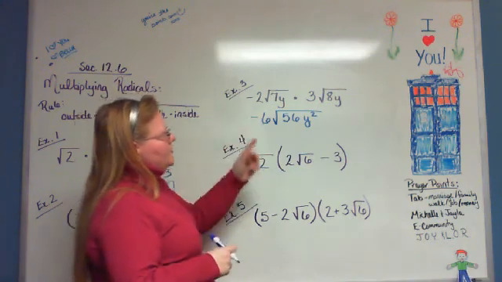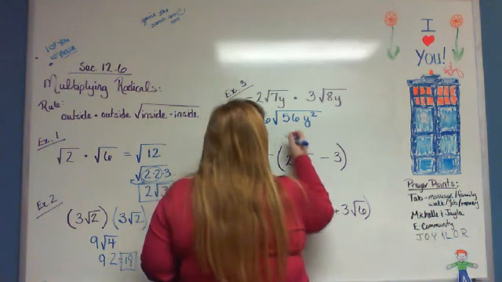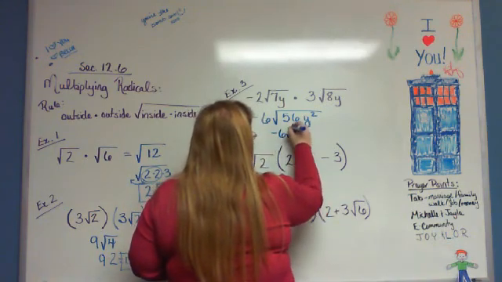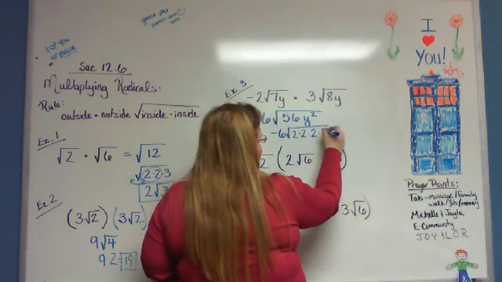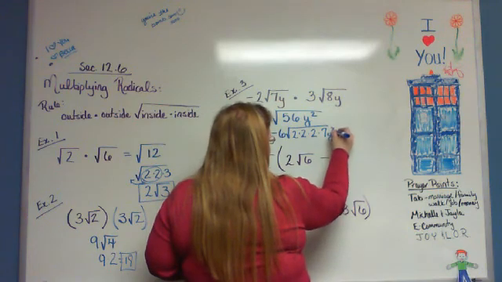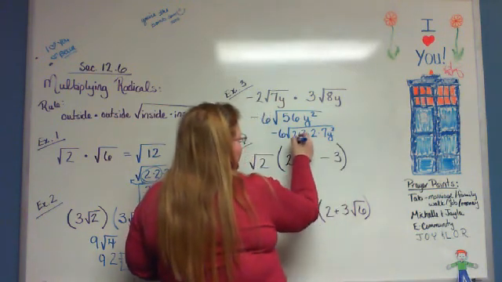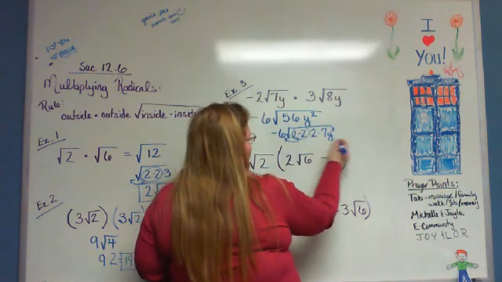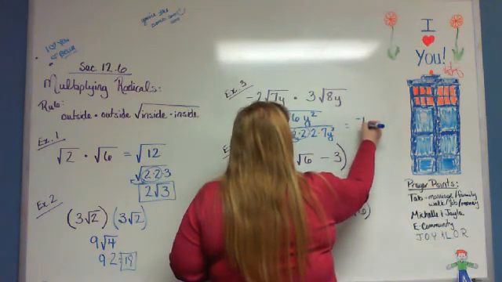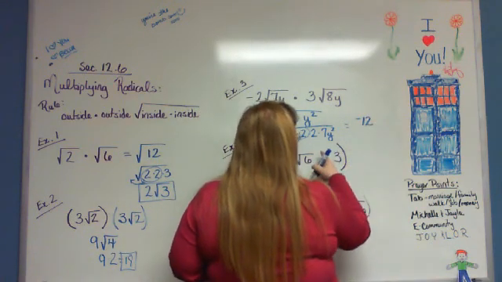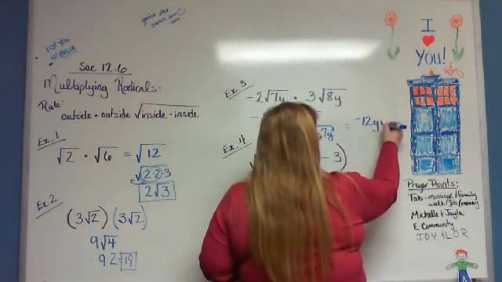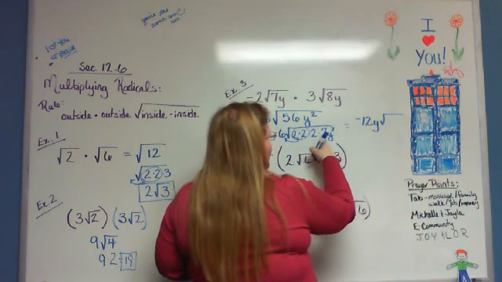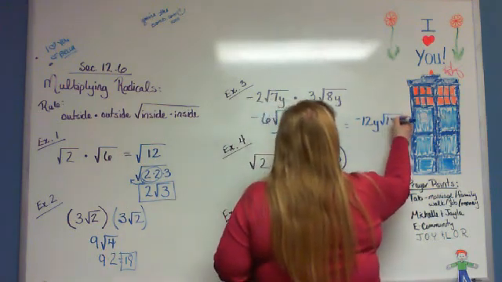Well, we know it's 7 times 8, and 8 breaks down. So that's really 2 times 2 times 2 times 7 y squared. 2 on the inside makes 1 on the outside. So that's negative 12. And then my y can come out. Inside I'm left with 2 times 7, that's 14.